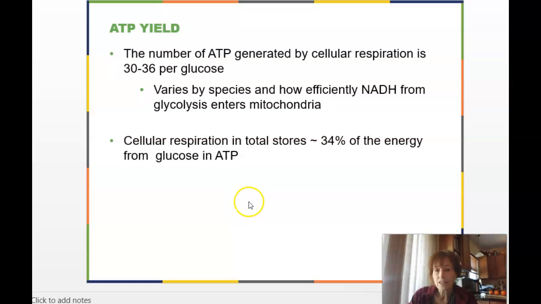Now, why this is such an important part of this whole process is that this is where you get the major amount of ATP. Depending on certain circumstances, we're going to get somewhere between 30 and 36 ATP for every glucose molecule that comes into the cell.